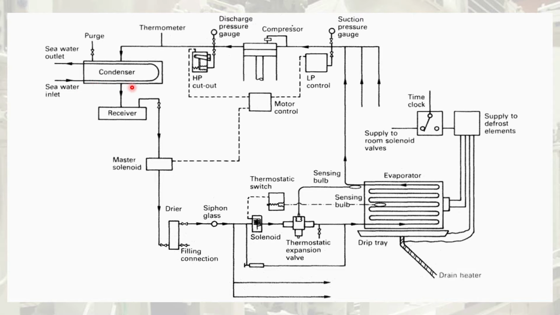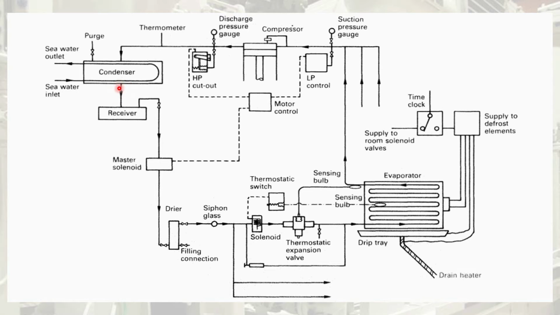Here, in the condenser, the gaseous refrigerant that issued from the compressor is cooled down to the saturation temperature. During the cooling process, the compressed refrigerant is undergoing a phase change from gaseous to liquid state. That means at the entry of the condenser, you can see the gaseous refrigerant, and at the exit of the condenser, the refrigerant will be in the liquid state.